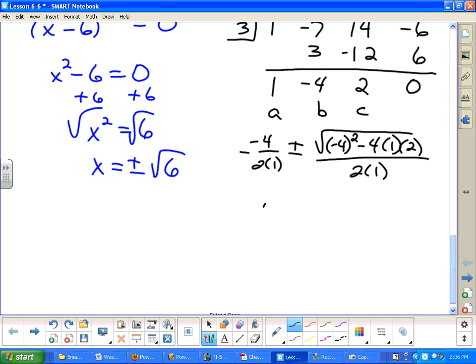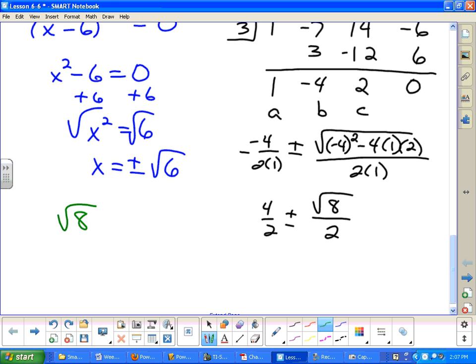So we get 4 over 2 plus or minus, let's see, 16 minus 8 is hopefully 8. We have to simplify the square root of 8. So 4 times 2 is 8.